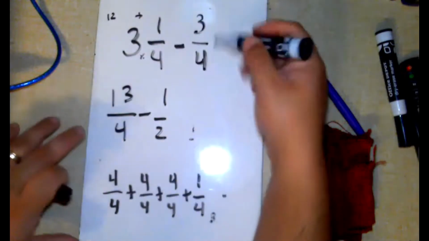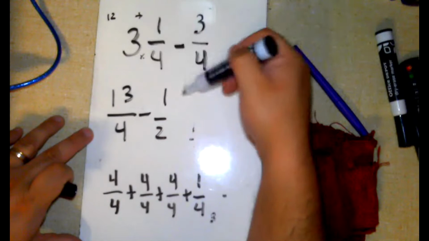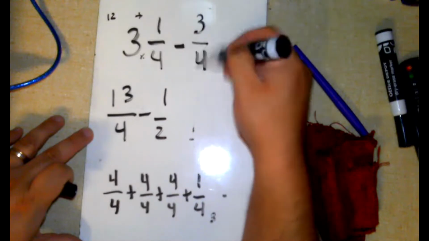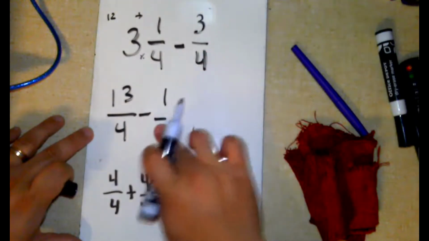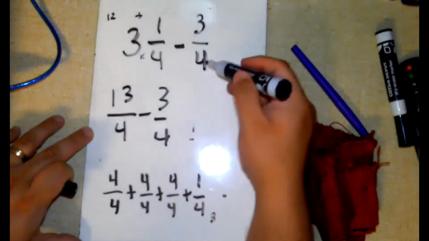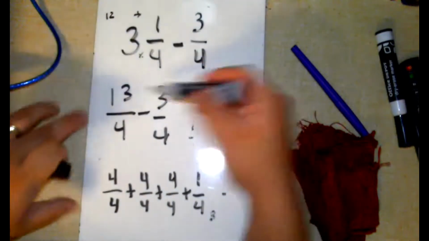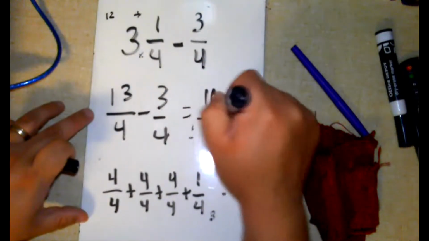Same thing. Convert this. You have your 4 ready. Well, same thing. This is where it gives you the common denominator 4. You would convert this, so 13 to be 10/4. Okay.